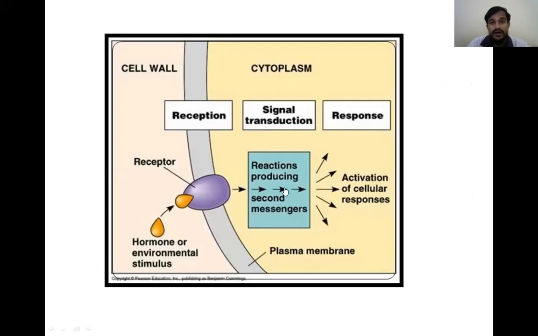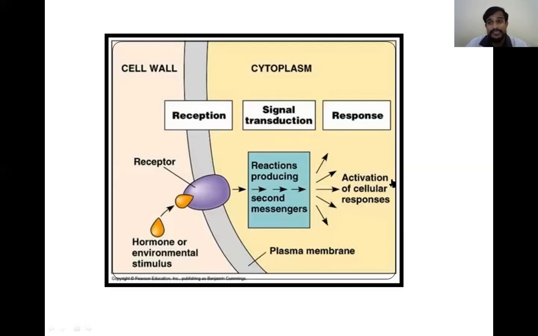These signals enter the cells, which is known as signal transduction. In signal transduction, these signals will create second messengers, or some change inside the cell, due to which the cell will give a response and produce the final product. So this is known as signal transduction.